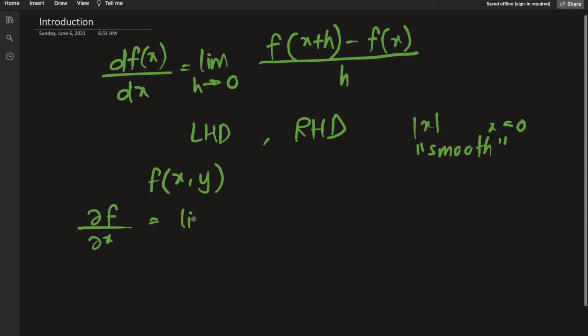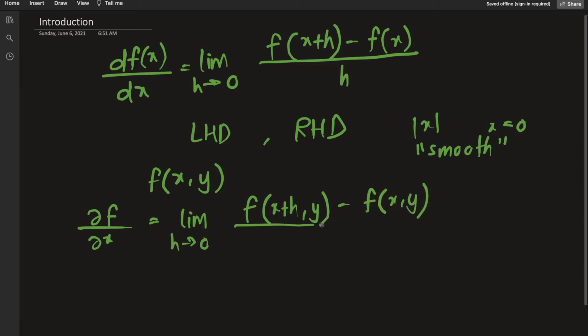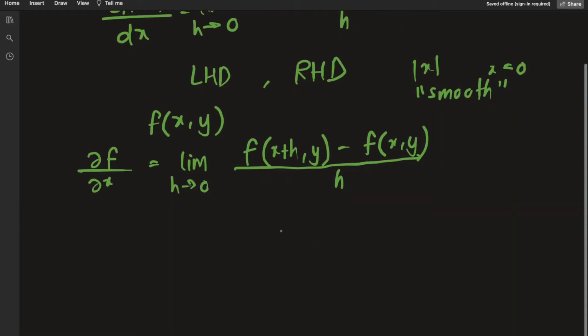That is defined as the limit as h goes to 0 of f of x plus h comma y minus f of x comma y, divided by h. What this does is, when we're differentiating partially with respect to x, we just have an infinitesimal increment there, not in the other variable.